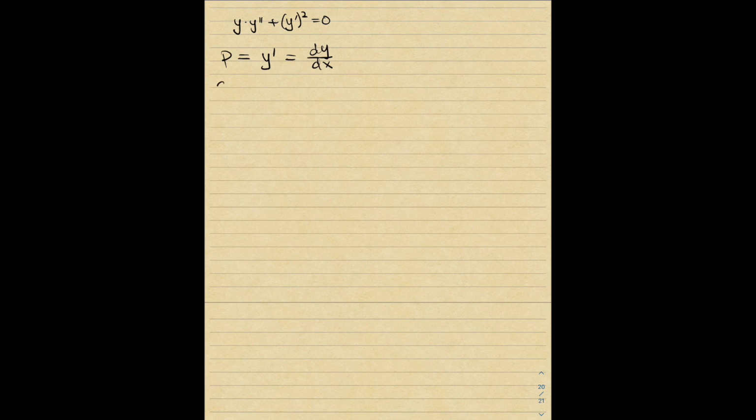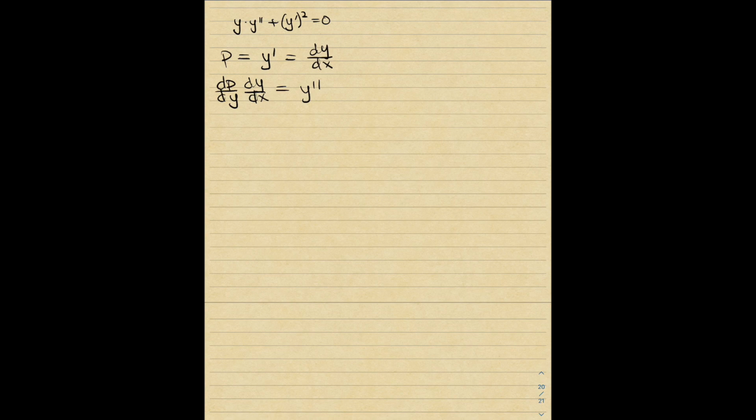So we have dp over dy over dx due to the chain rule. And that's equal to y double prime, or the second derivative of y. So the dx is a problem since the equation does not have any x's in it. But previously we see that p is equal to dy/dx, so we can substitute that in.